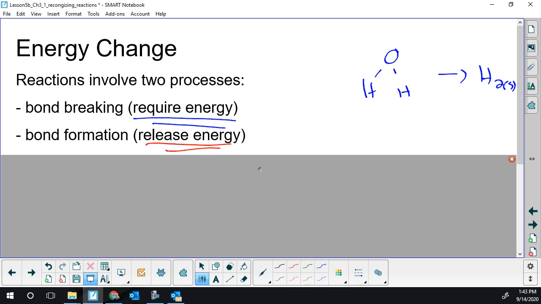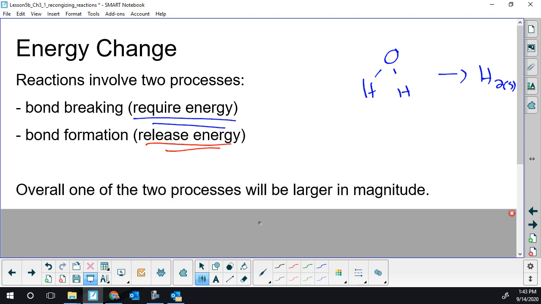Very few reactions require a lot of energy and you only get a little bit back. The reason for that is most reactions that require a lot of energy and give you a little bit back just don't happen. They require too much energy and they don't occur. So we've got these two competing processes. Overall, one of the two will be larger in magnitude.